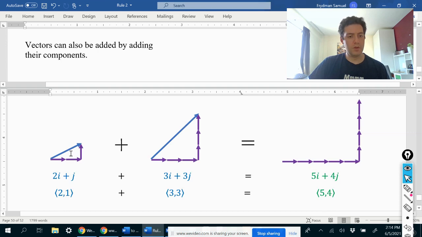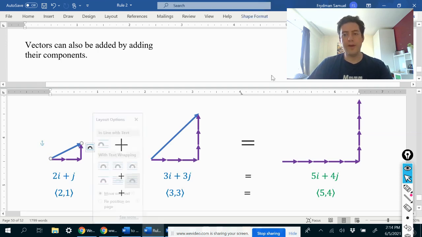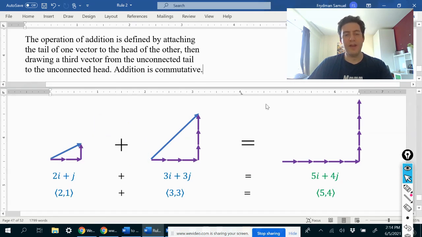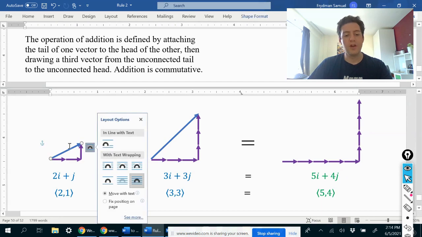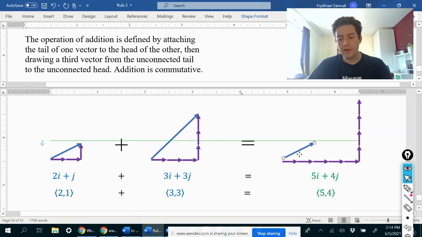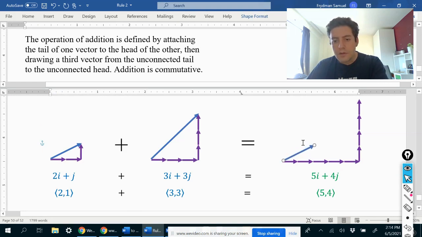Well, let me first go back to the first way that we learned about, which is just to connect them head to tail and then draw a third vector. So let me copy this one and put it over here. And then I will copy this one and put it over here.